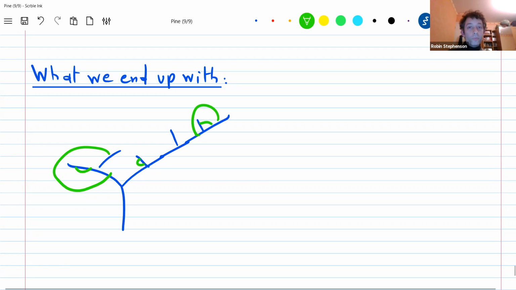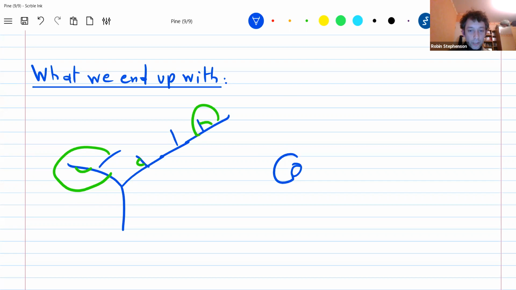Then what do we end up with, if we just look at the strongly connected components? The bit on the left would end up looking like that. We have one cycle here, and then it branches out and cycles back like this.